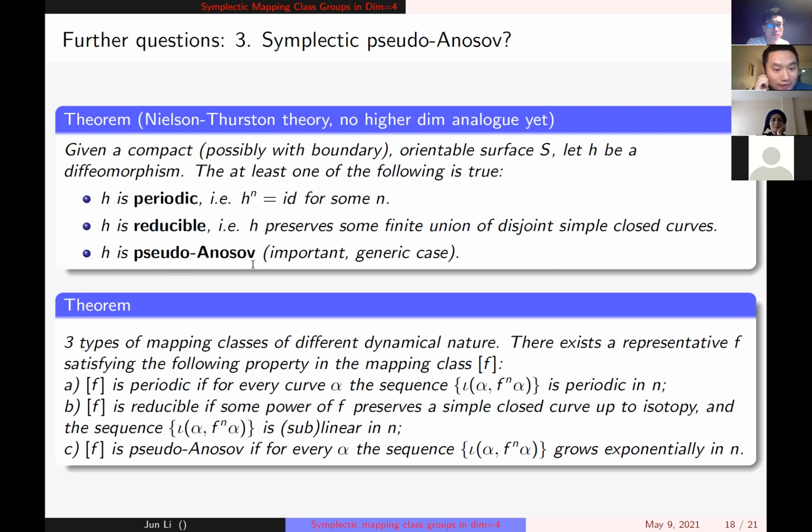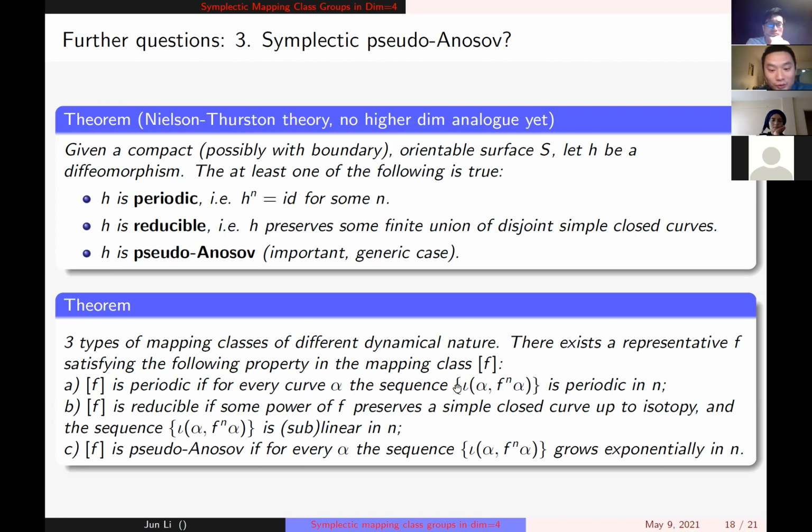So the theorem is saying that those maps can be classified using the following dynamical properties. Here, i(α, f^n α) means the geometric intersection between the original simple closed curve and the nth iteration of this curve under f.